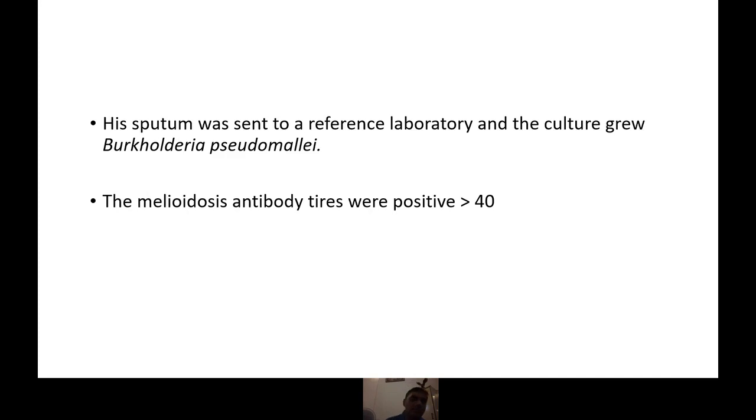So finally, the diagnosis of melioidosis was made, and in the rest of this lecture, I'll be discussing briefly about melioidosis because it's an emerging illness, and I think all the pediatricians who are practicing should be familiar with the disease, the way it can present, as well as the possible treatment options.